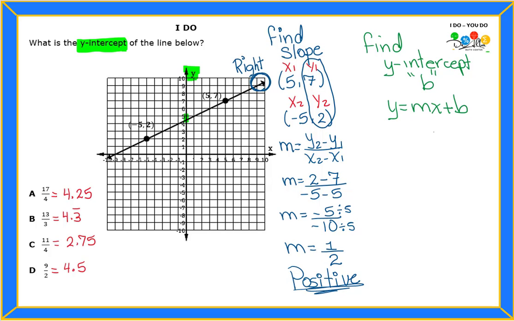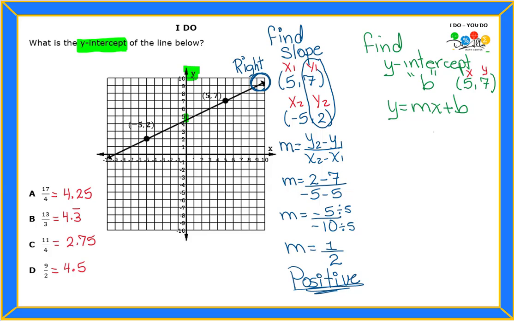So I can choose any points that I have in my problem. I am going to choose 5 and 7. Okay, so 5 will be my x and 7 will be my y. Okay, so let's continue with that replacement in my equation.